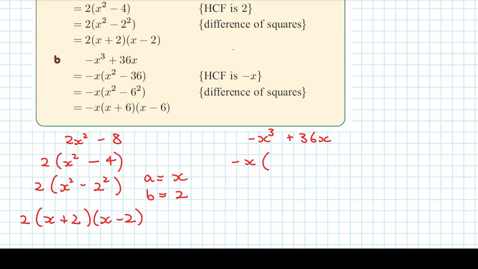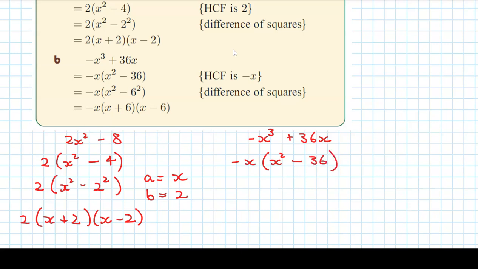So all I'm going to do is first of all take out my minus x. How do we go from that to minus x cubed? You just times it by x squared. And then how do we go from minus x to positive 36x? So it needs to be minus times a minus. And we want to times that by 36.